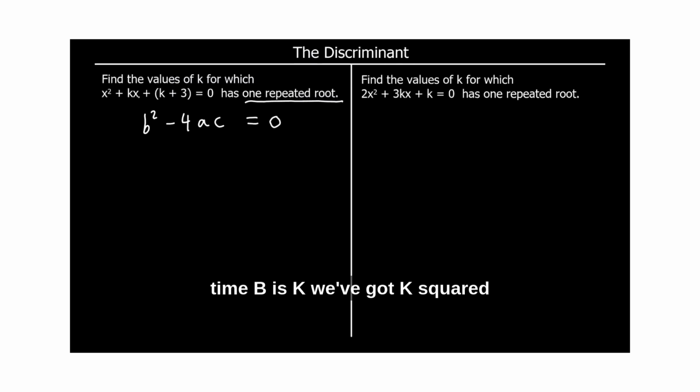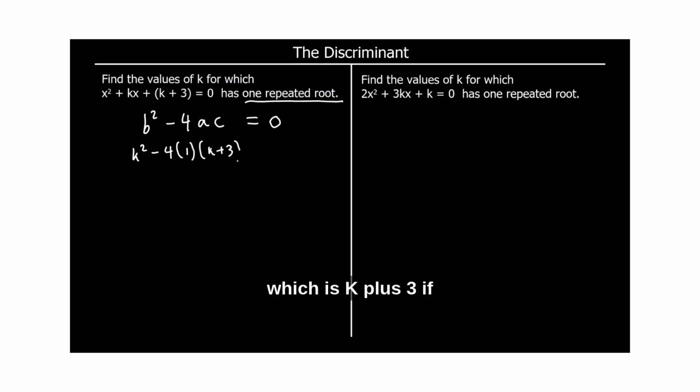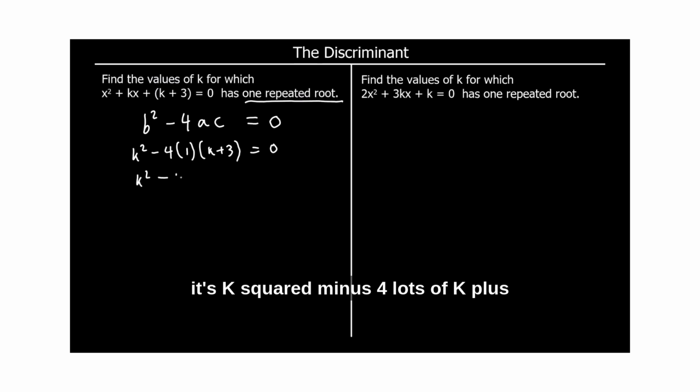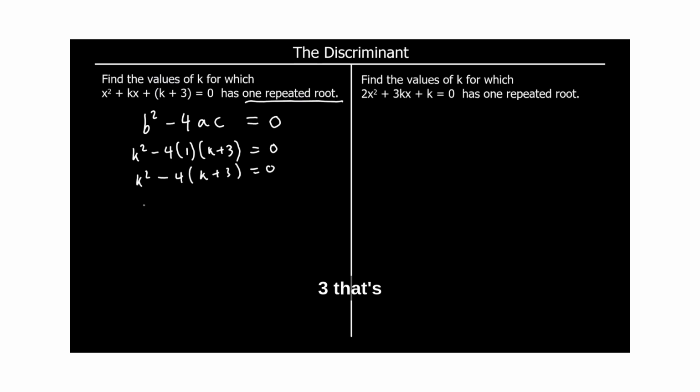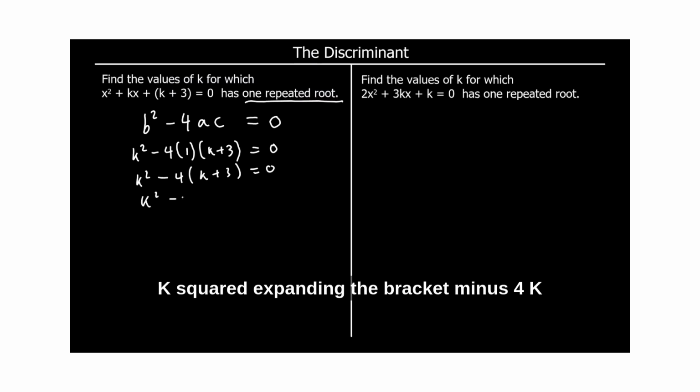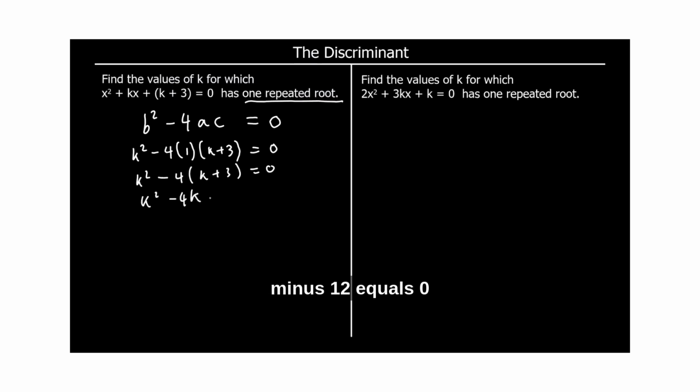This time b is k, so we've got k squared minus 4 times a, which is 1, times c, which is k plus 3. So it's k squared minus 4 lots of k plus 3. Expanding the bracket, k squared minus 4k minus 12 equals 0.